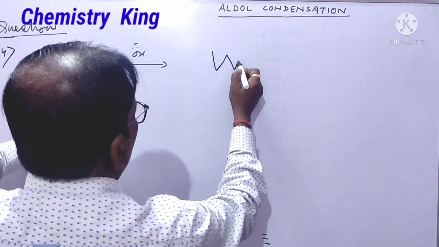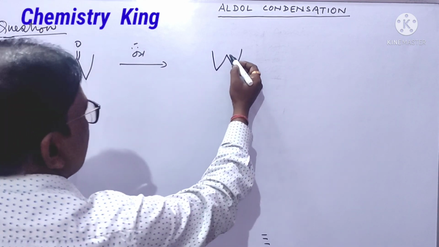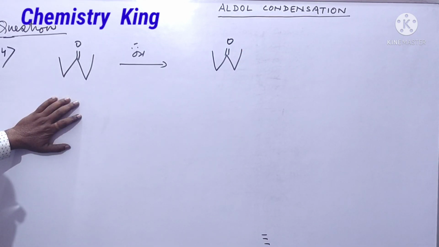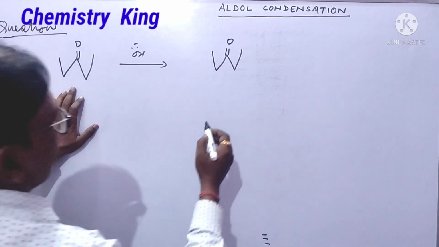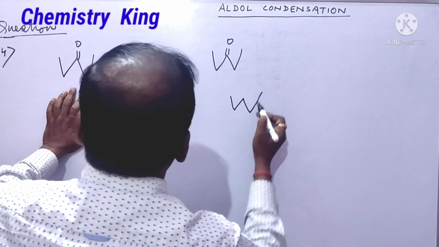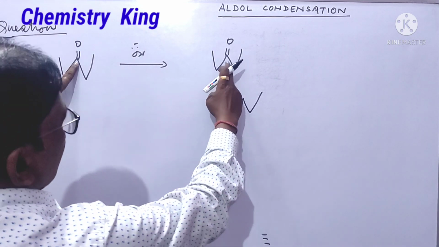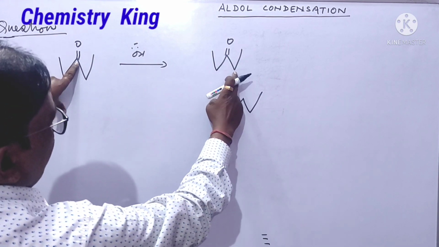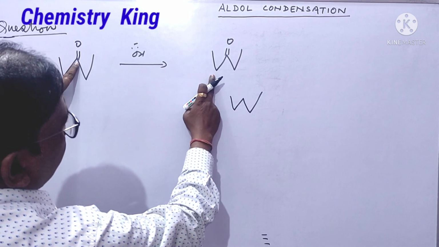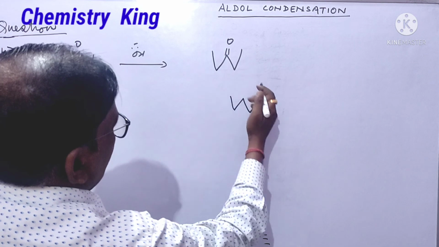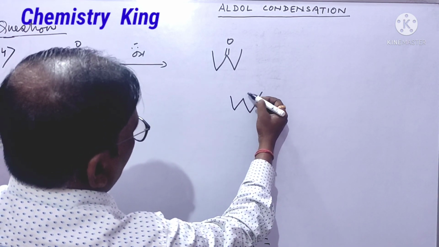First molecule is this, double bond O, and second molecule is this. Suppose it is alpha carbon, it is alpha carbon, and negative charge is here and double bond O is here.